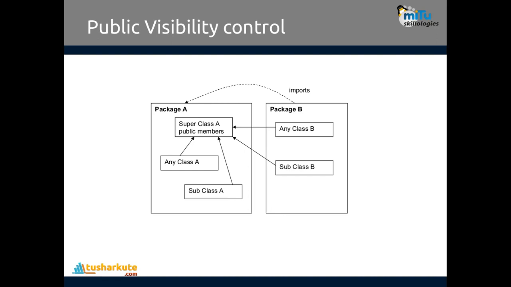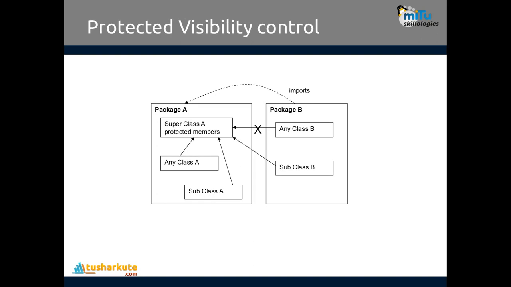Now second, protected visibility control. If I write protected in front of these variables, as we have shown in the program, these variables we can access in any class of same package, subclass of same package, and subclass of another package. Protected members can't be accessed from any class from another package that is not a subclass.